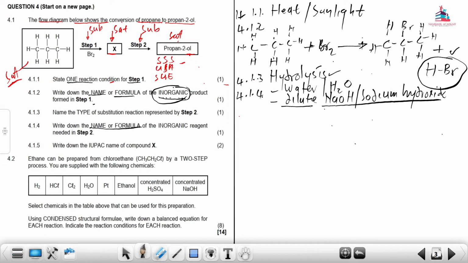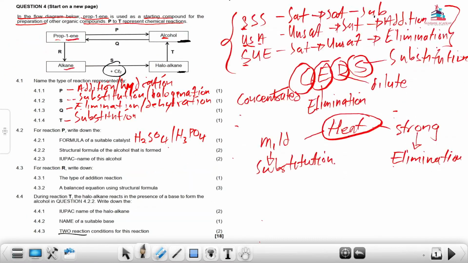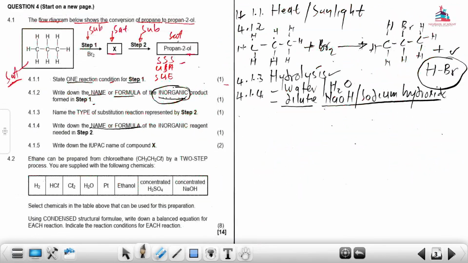So key thing, it must be dilute. It's a substitution reaction. So this analogy here gives me the best confidence ever in terms of answering these questions, because I know that it must be dilute from this. So there's no way that they can penalize me for that. And then we are now at 4.15.